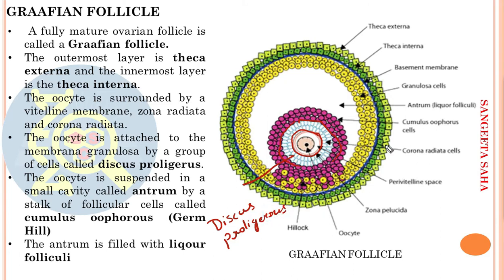And this whole structure is inside a cavity, and this cavity is known as the antrum. This antrum is filled with viscous liquid, and this viscous liquid is known as the liquor folliculi.